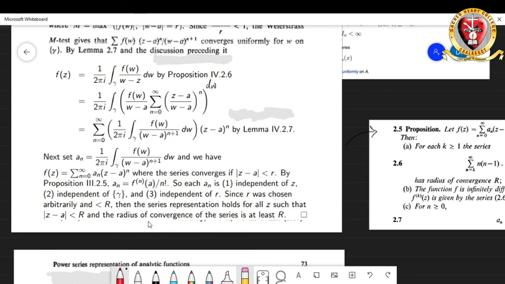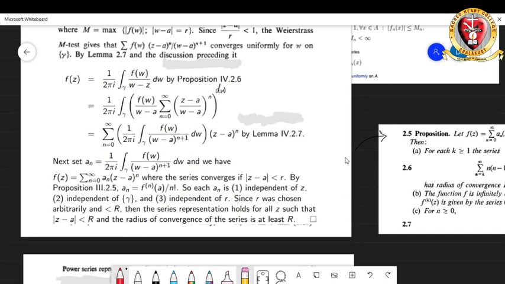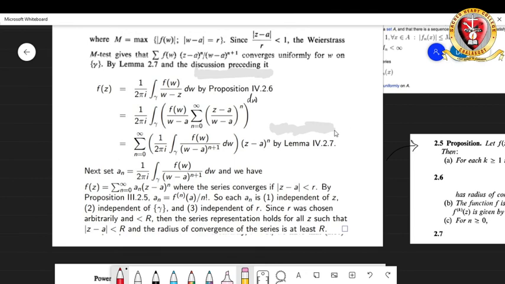Since r was chosen arbitrarily, strictly less than capital R, the series representation holds for all such z from the open disk modulus of z minus a strictly less than R, and the radius of convergence of the series will be at least R. So that is the very important theorem which helps us understand that every analytic function in such an open disk has a corresponding power series representation like that.